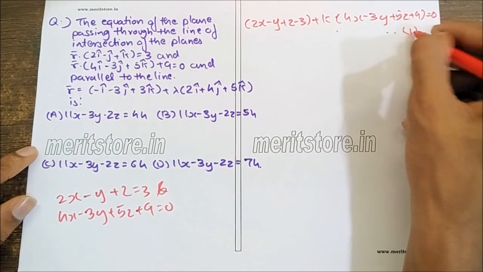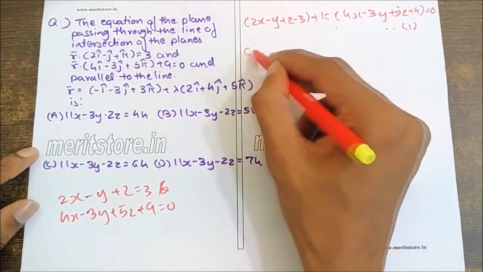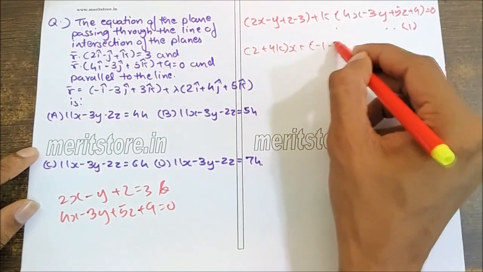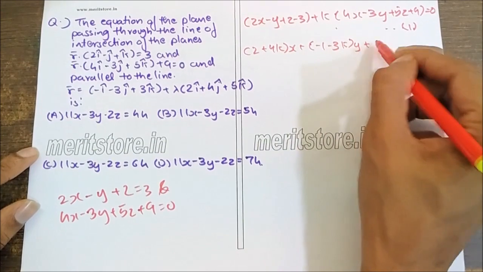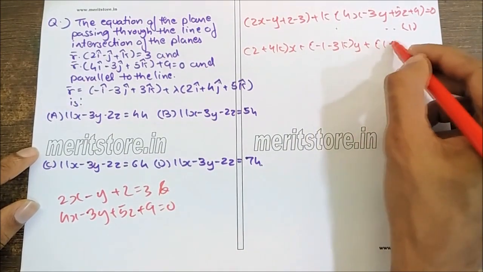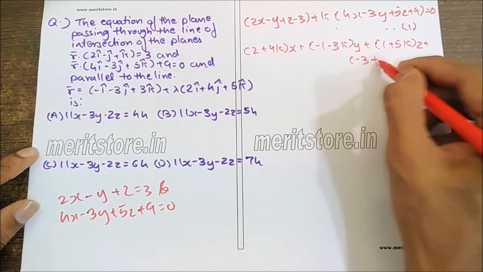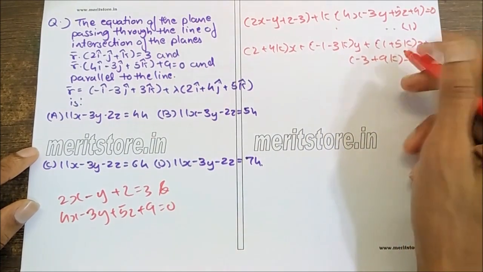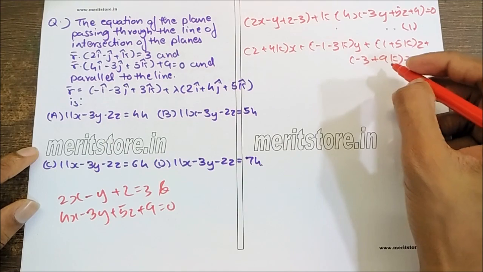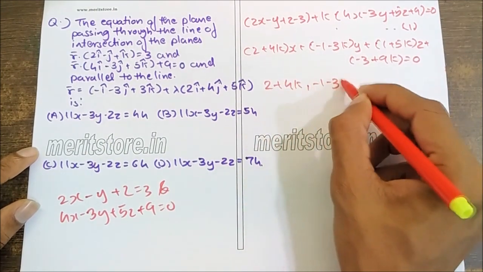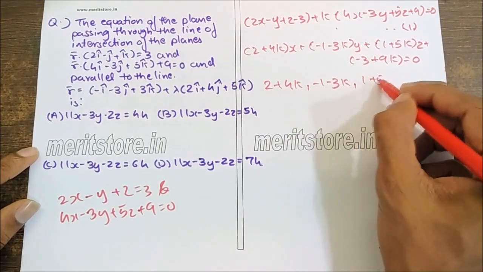Let this be equation 1. (2 plus 4k)x plus (minus 1 minus 3k)y plus (1 plus 5k)z plus (minus 3 plus 9k) equal to 0. So the direction ratios of the normal to the plane are 2 plus 4k, minus 1 minus 3k, 1 plus 5k.